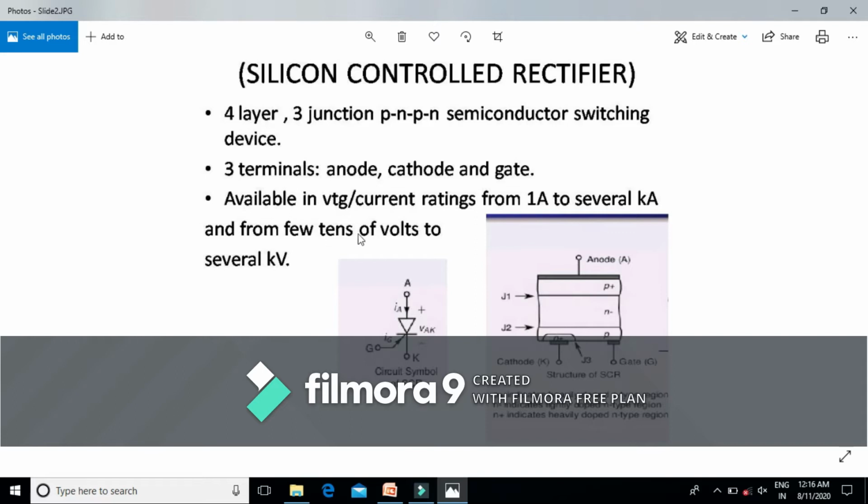Because the power handling capacity of these power semiconductor devices is very high, it is available in high voltage and current ratings, from 1 ampere to several kiloamperes, and from a few tens of volts to several kilovolts.